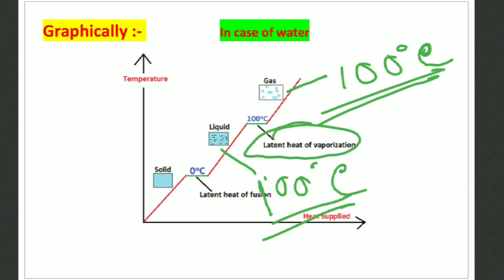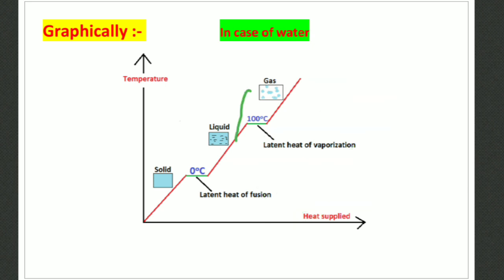Because of this, the gaseous state has more energy than the liquid state, though they are at the same temperature, 100 degrees Celsius. And the liquid state, at its initial 0 degrees Celsius, has more energy than the solid state because of the latent heat of fusion.